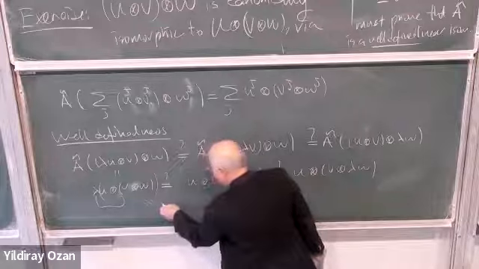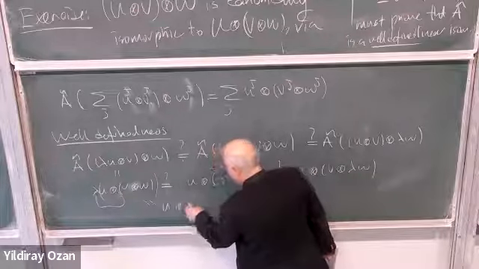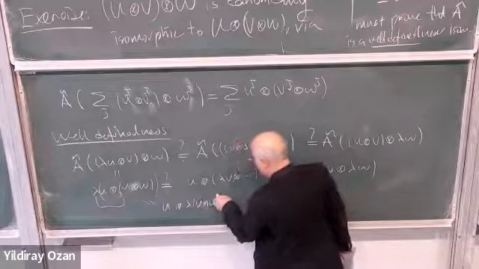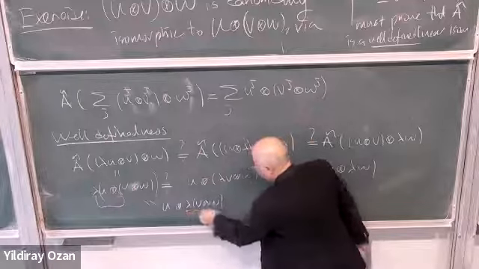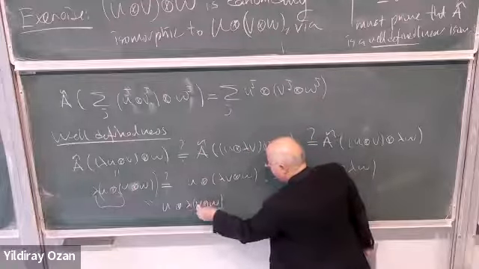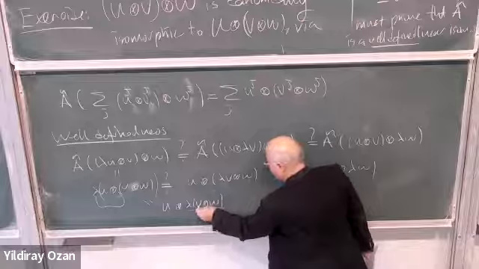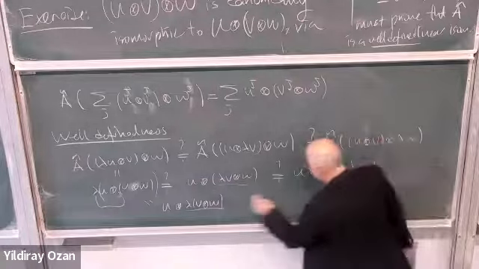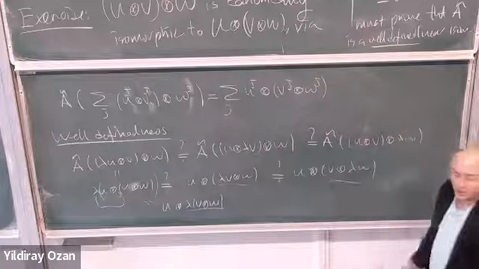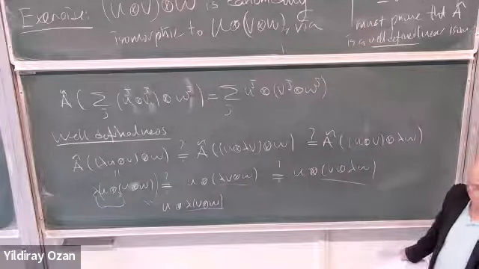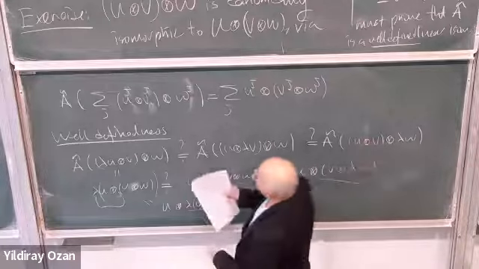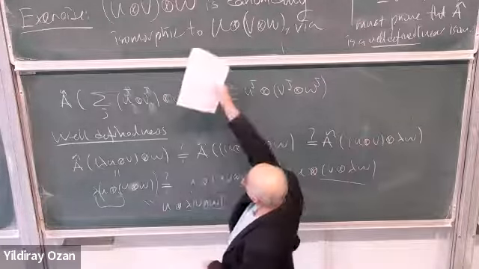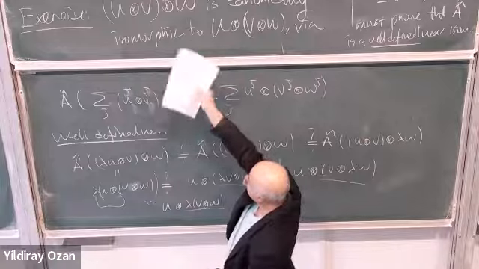So this is equal to U tensor lambda V tensor W. But then, I can take this lambda in front of this guy, which will give me this, or in front of this guy, which will give me this. Therefore, these are equal. And the same thing one should also check for the second.